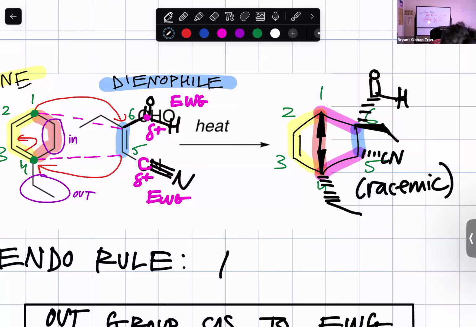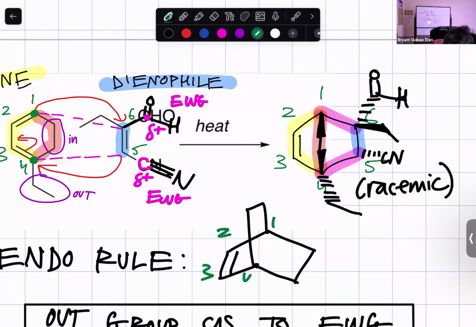You might say in this form, which is easier to see that bridge like this, right? Where let's number it the same: 1, 2, 3, 4, 5, 6, and let's highlight the portions. This yellow portion is the diene portion. This blue portion is the dienophile portion. This red bridge is that red CH2 connecting 1 and 4. It's like a basket-like thing, like a handle, right?